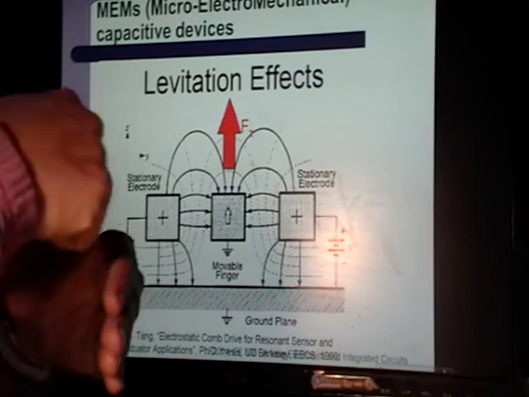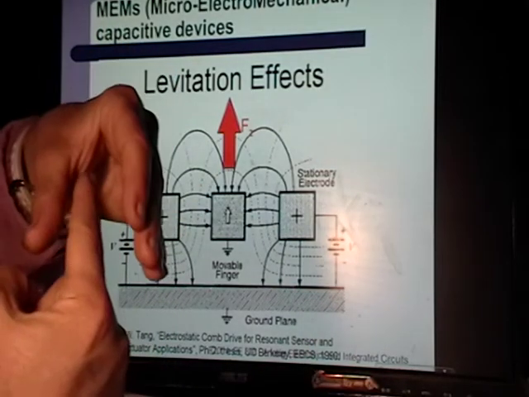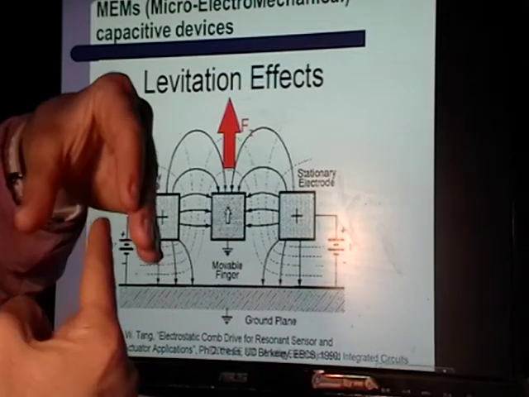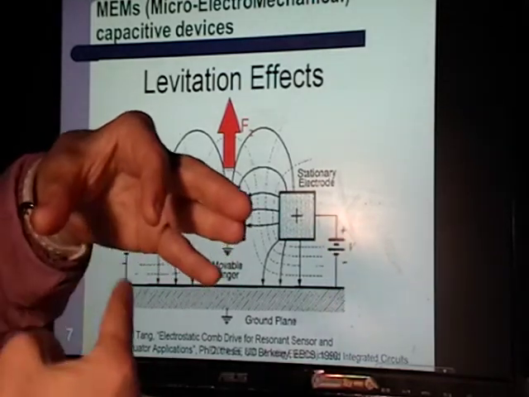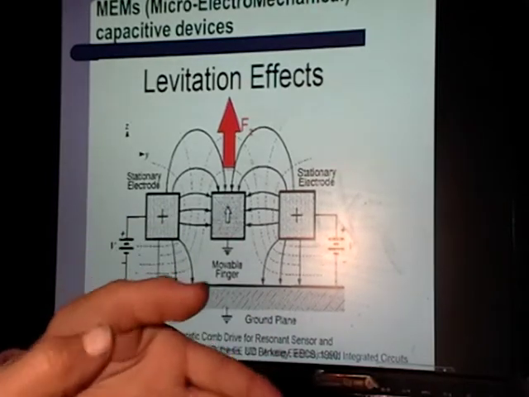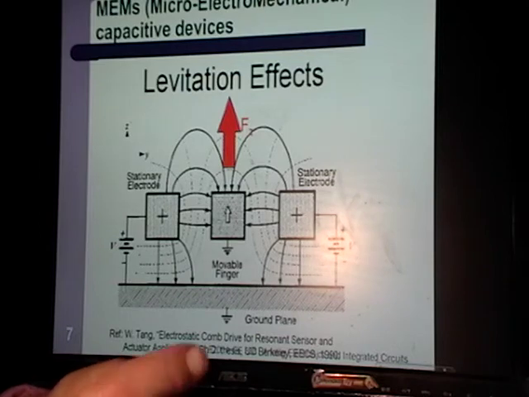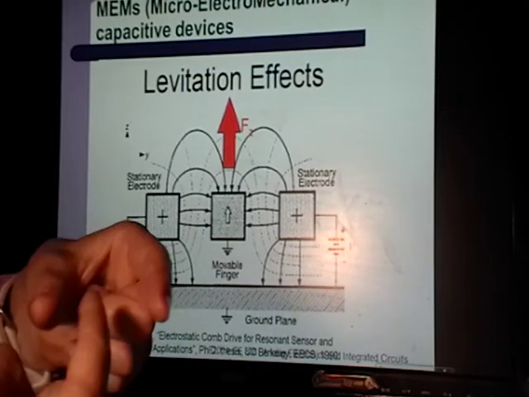Here's one plate of the capacitor, and here's another plate. This doesn't look like your regular capacitor, but now when this moves in and out of these two plates right here, remember another value in your capacitor equation is A for area, the area of overlap.